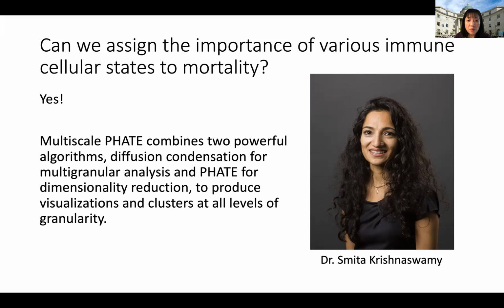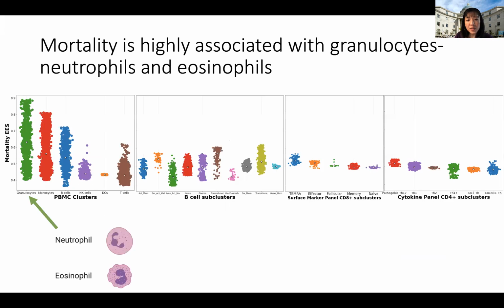And so this question about assigning importance to various immune cell states for mortality, a wonderful graduate student in her laboratory, Manik Kuchroo, was able to take all the different flow cytometry data and use the multi-scale PHATE and found that different cell types really have a different level of association with mortality.